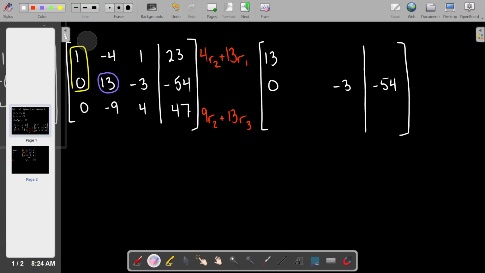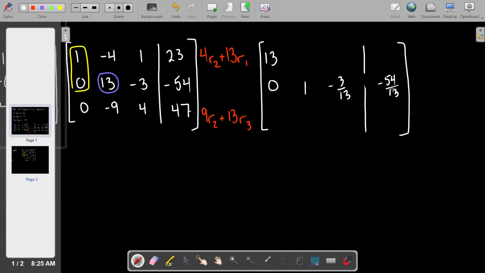And so they did 13 divided by 13 and got 1. But then -3, they divided by 13 and got -3/13. And then they took -54 and divided it by 13. And you guessed it, they got -54/13. I was not very smart in how I approached it. And so I'm happy to report that there is a better way.